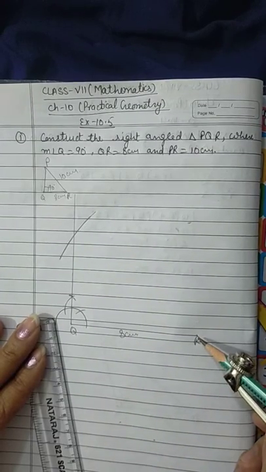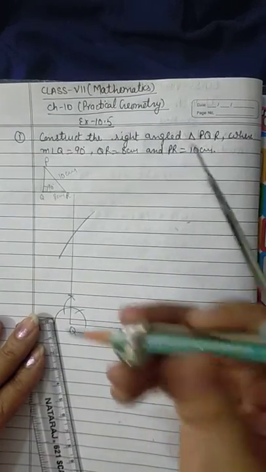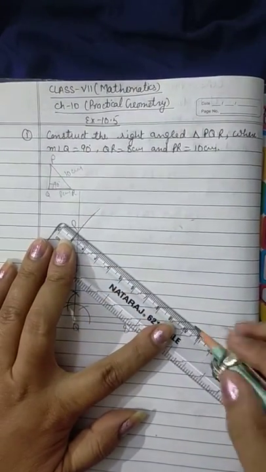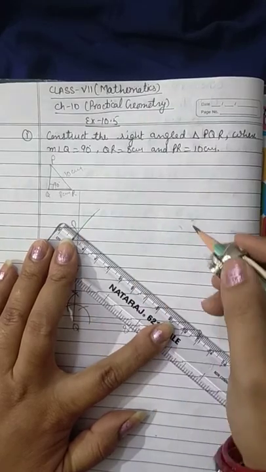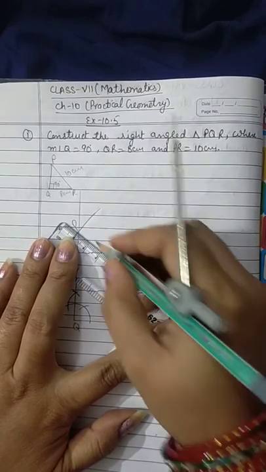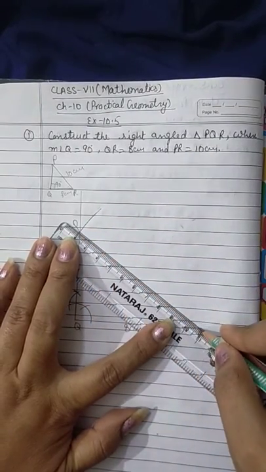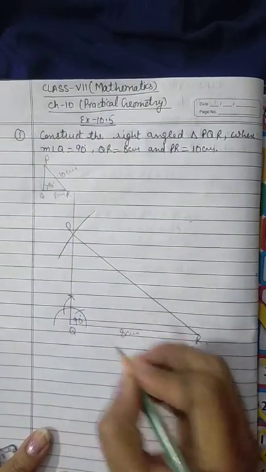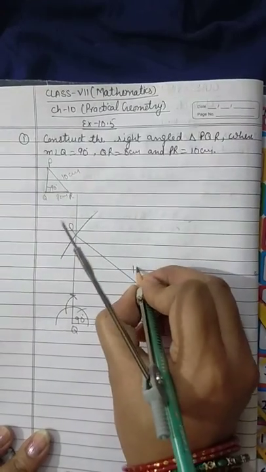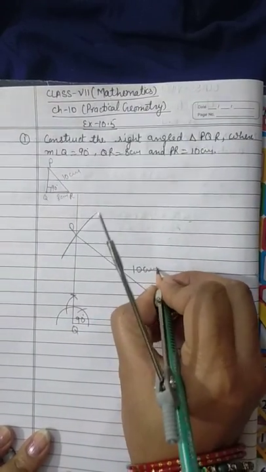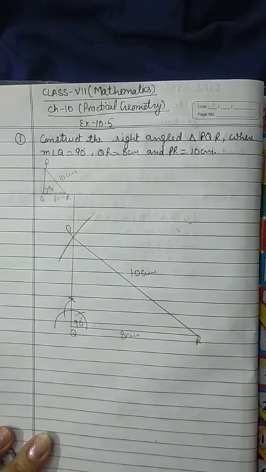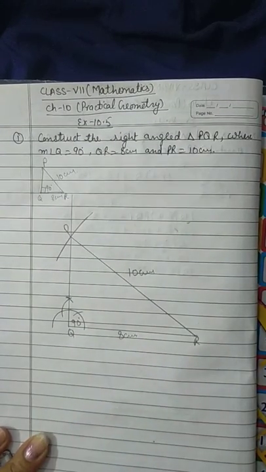Now we'll join R and this point which is named P. So on joining this you can see it is R here and it is P here. Please join both and you will get your right angle triangle. Fine. And this PR is of length 10 centimeter, and this is your right angle triangle PQR, which is right angled at Q.